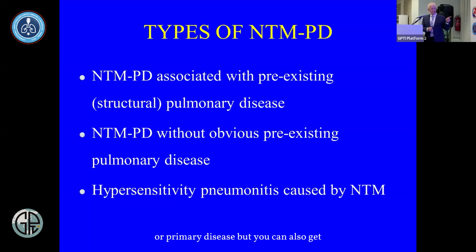But I have seen personally at least a couple of patients where they go to a surgery unrelated to the lung, and then they probably have microaspiration from their stomach, and they get it with no existing disease at all. But if you really look carefully, you will find that there is some sort of precipitating factor for it.